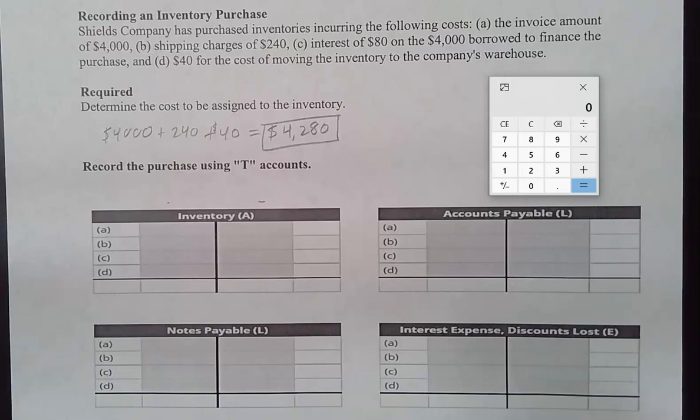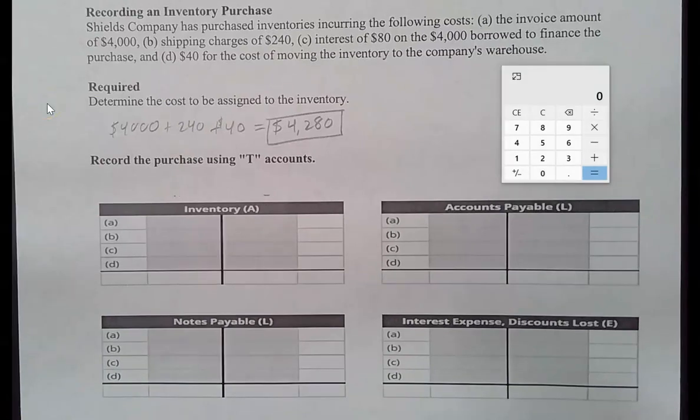So let's think about this. We're going to have to assume, based on the set of facts that we have, it says here that we've got inventory for $4,000. It also later says here that we financed this purchase.